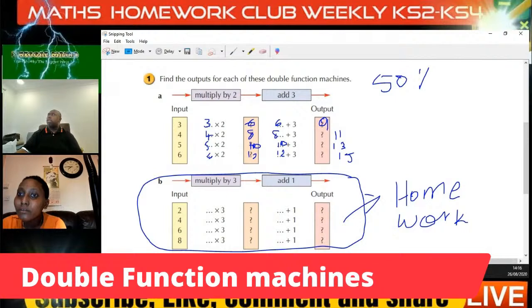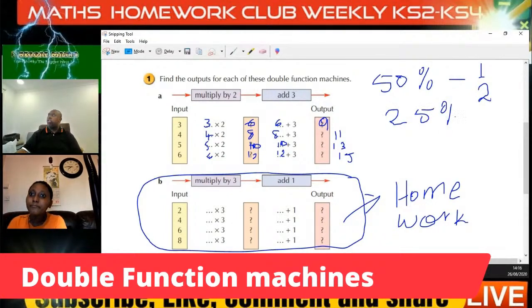50% has something to do with another percentage. What was it? 50% is a half, and we learn about another percentage. It's a quarter. What percentage is a quarter? 25%. And look at the link.